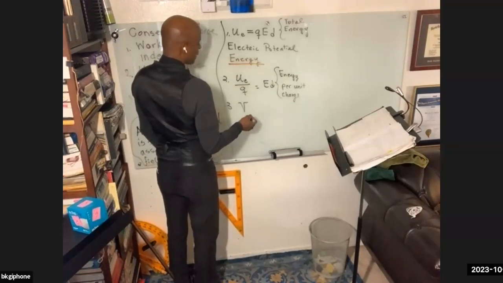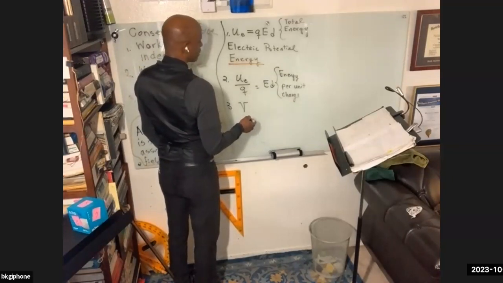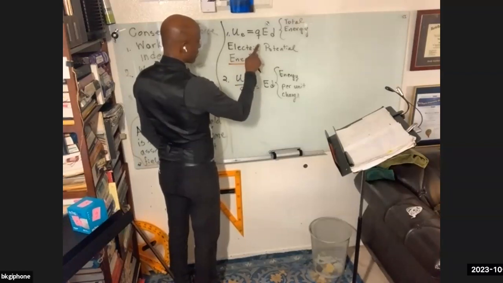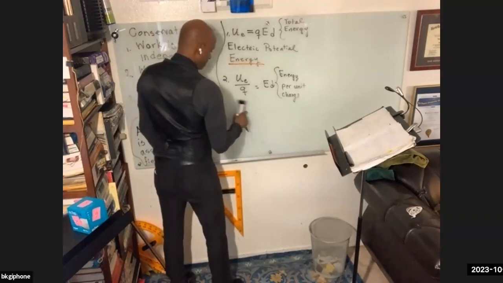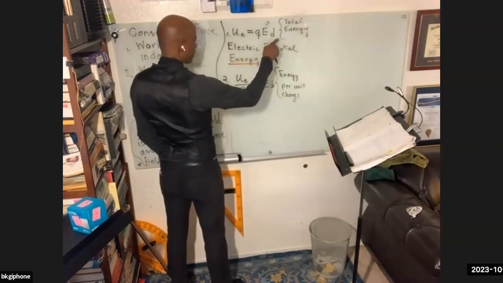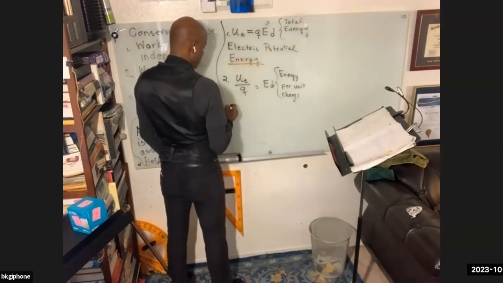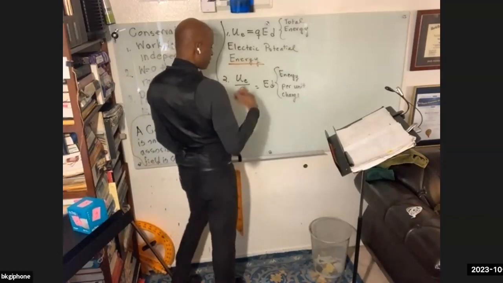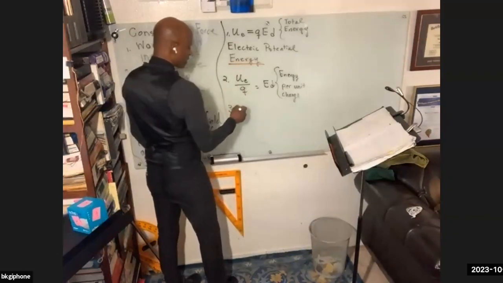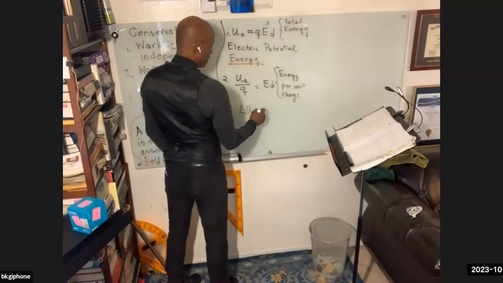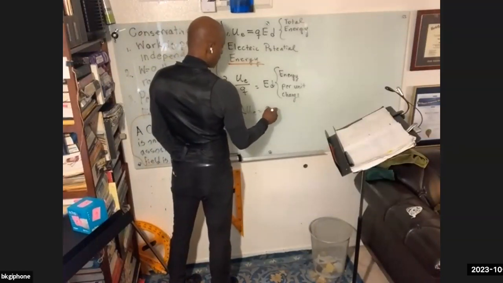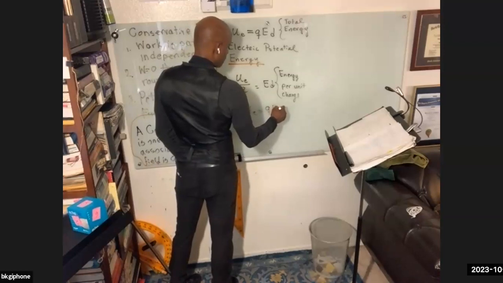In fact, it makes sense to talk about delta V, really, to be honest with you. As I showed you, one of the positions was zero, but it's more sensible to talk about a change in potential energy as opposed to potential at a particular point. So delta U_E is equal to qE delta y.